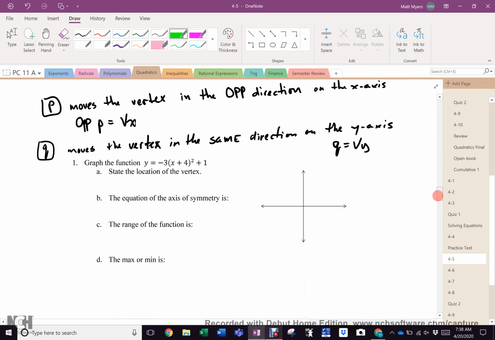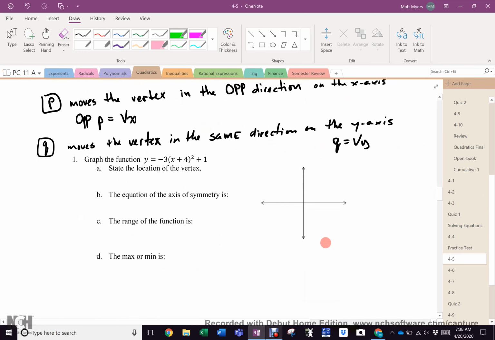Okay? So, let's do everything we know with this. There's my A, there's my P, there's my Q. So we know that the opposite of P gives me my vertex x. So I see P is 4, so my vertex x must be negative 4. Q, regular Q, gives me my vertex y, 1. The axis of symmetry we know is x equals the vertex x value.